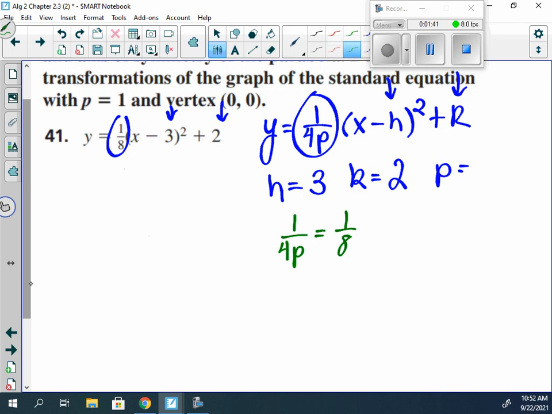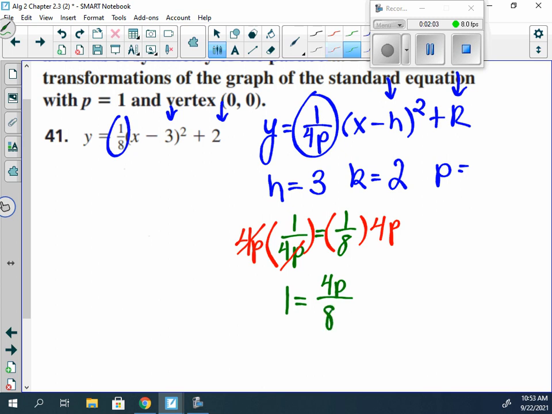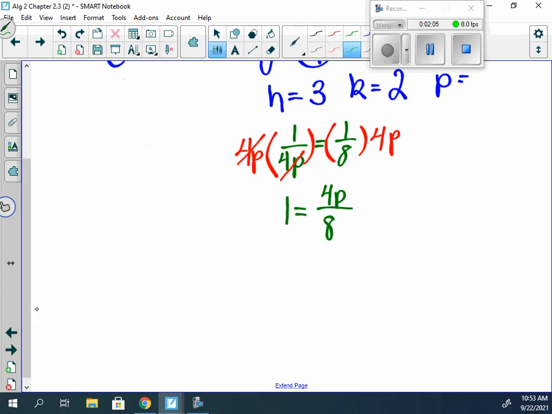Now the first thing we can do in solving for the value of p is to multiply both sides by 4p. Because this 4p and 4p would cancel, telling us 1 is equal to 4p over 8.